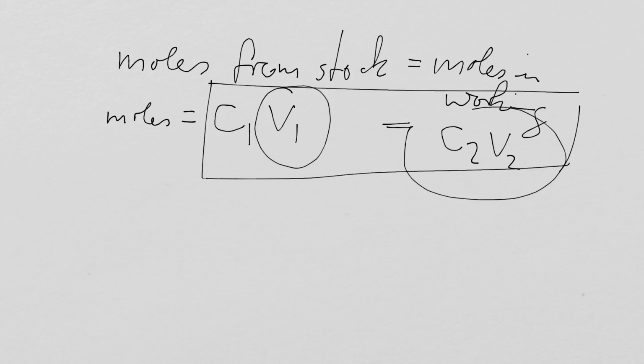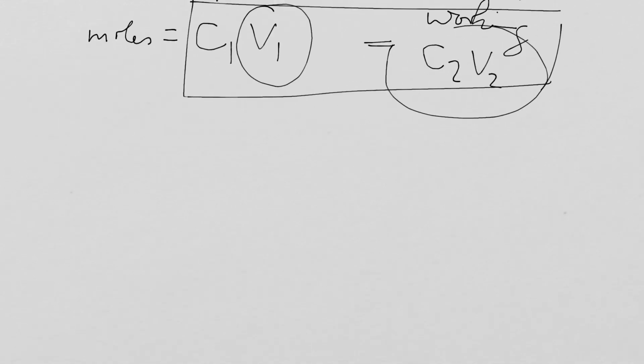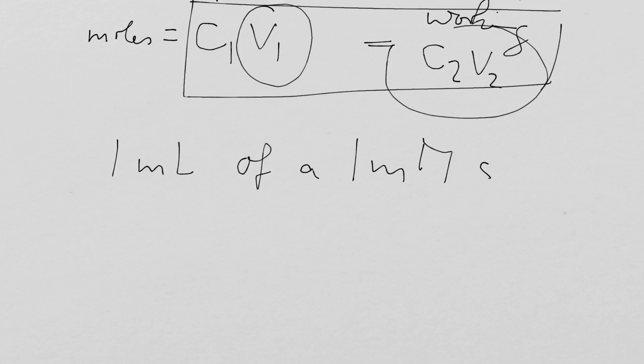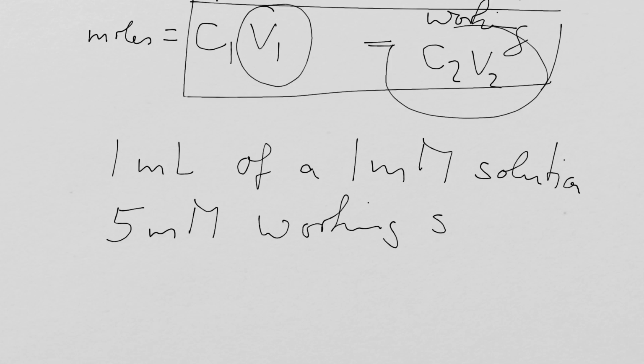What's the volume that we need in order to get this amount of moles? Just to give you a quick other example, I want to have 1 milliliter of 1 millimolar solution. And I have 5 millimolar stock solution. How do I do that?